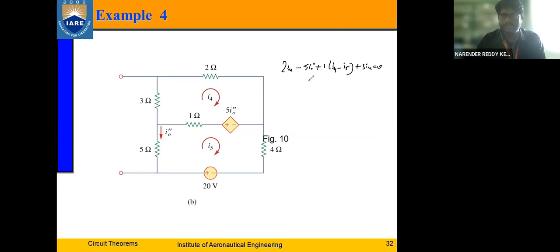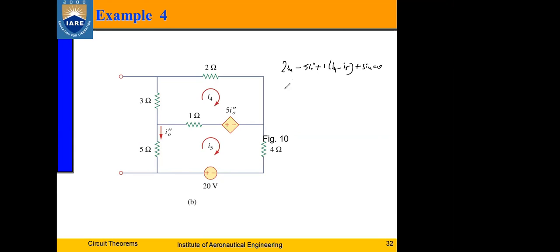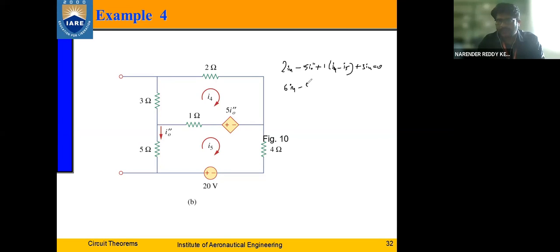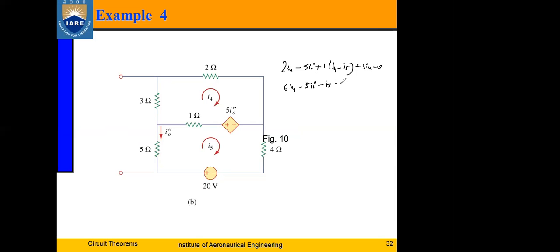Is the equation okay now? Tell me here itself, we will modify if required, right? So what's the equation I have? 3 I4, 4, 5, 6 I4 minus 5 I0, right? Let it be just like that. Okay, next, what about this? Minus I5, is equal to 0, right?